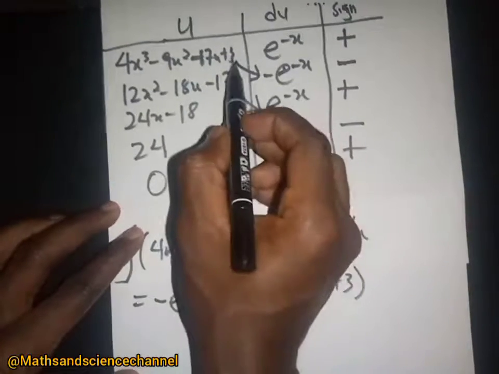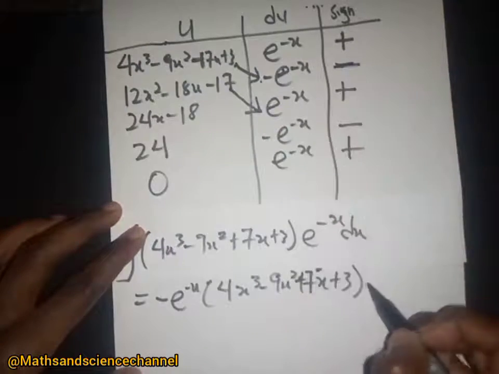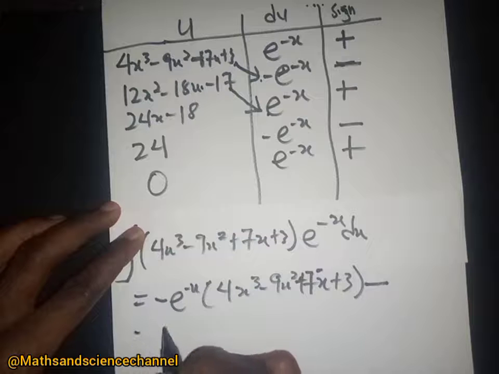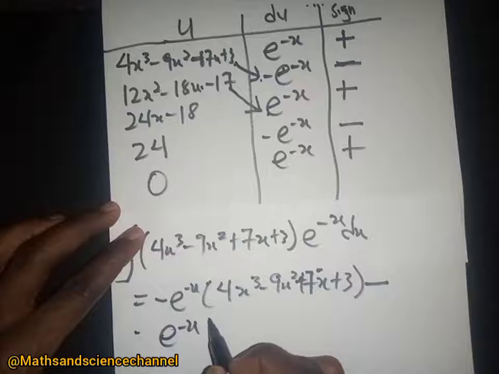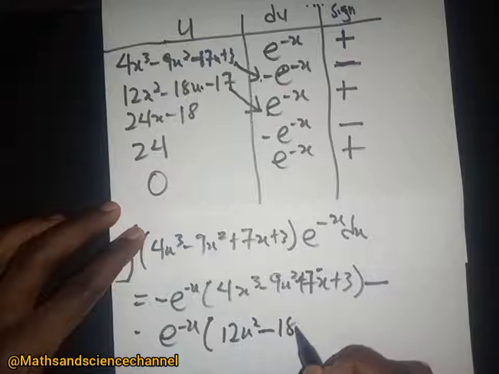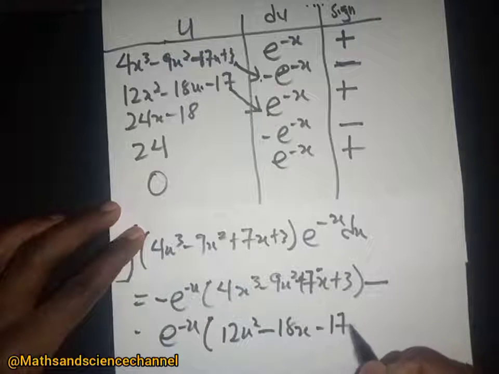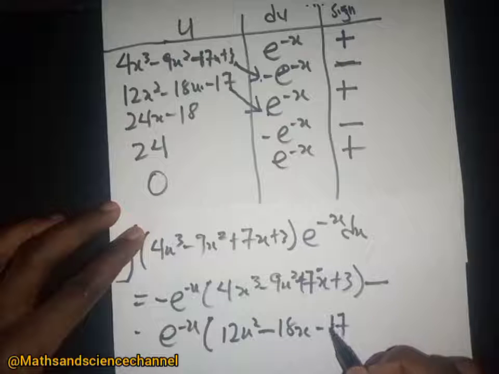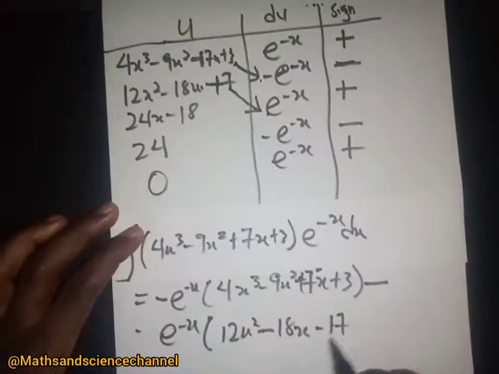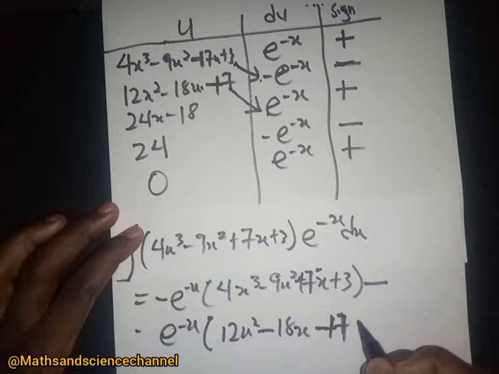So this multiplied by this, minus, so we have minus this multiplied by that, which is e to the power minus x times 12x squared minus 18x plus 7. Sorry, this is plus 7.